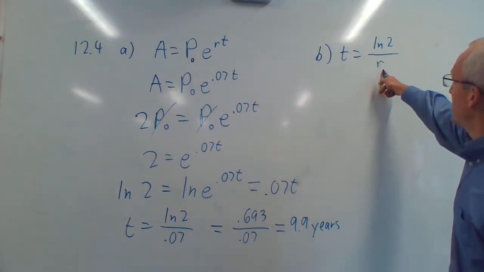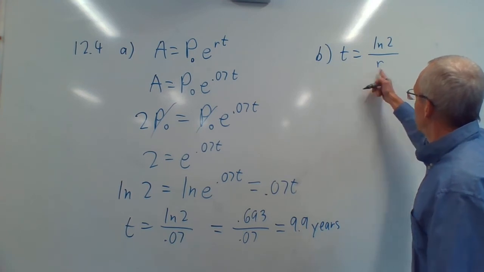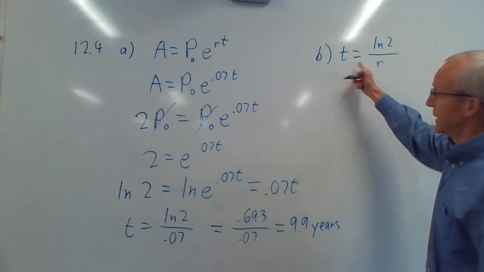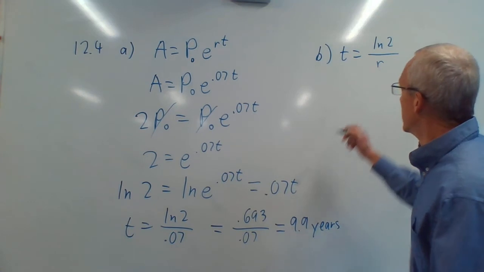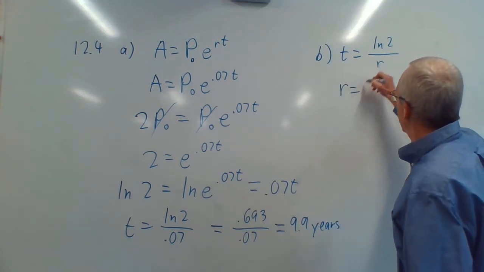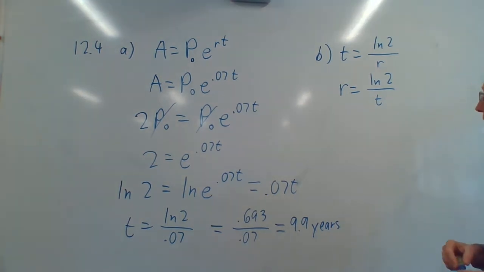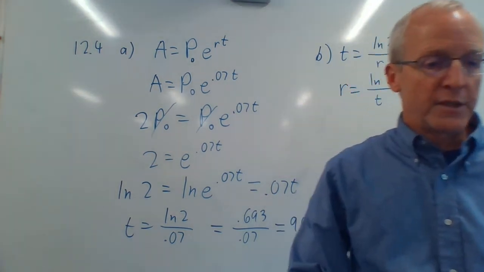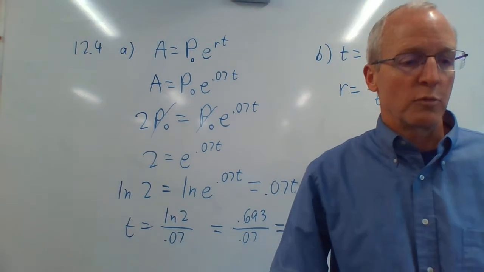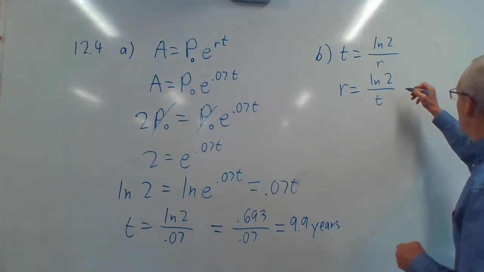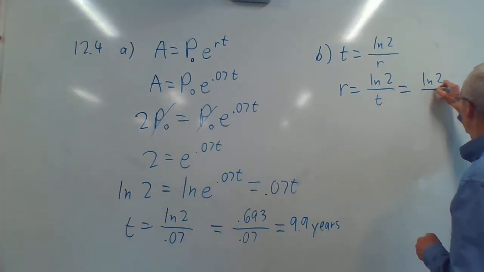If we want the rate, switch those. If one's on the top and one's on the bottom, in a nice simple equation like that, you can just switch them. So the rate is the natural log of 2 divided by the time. We want to double in 2 years. What's our interest rate? That would be the natural log of 2 divided by 2.